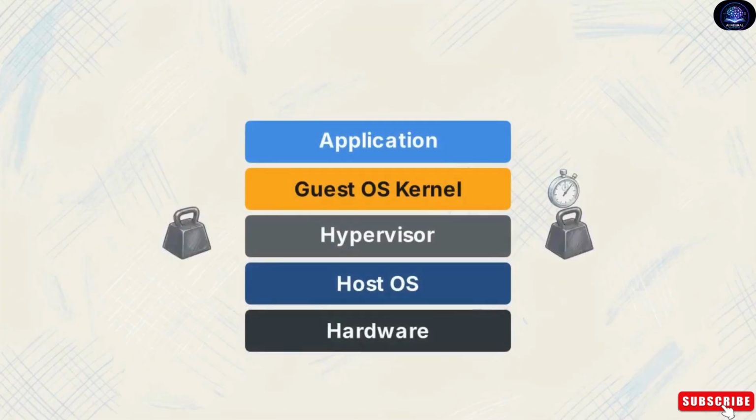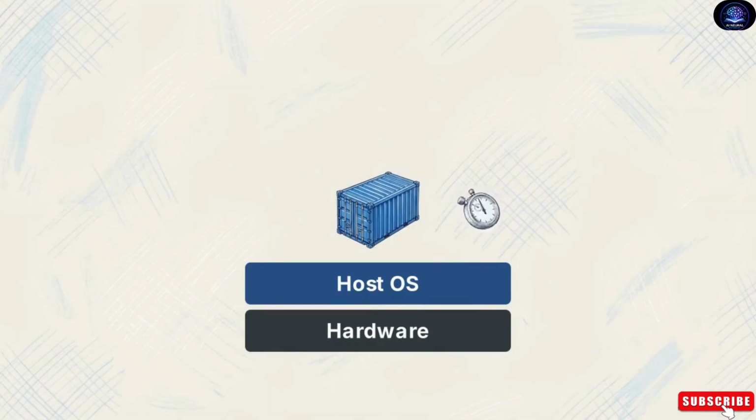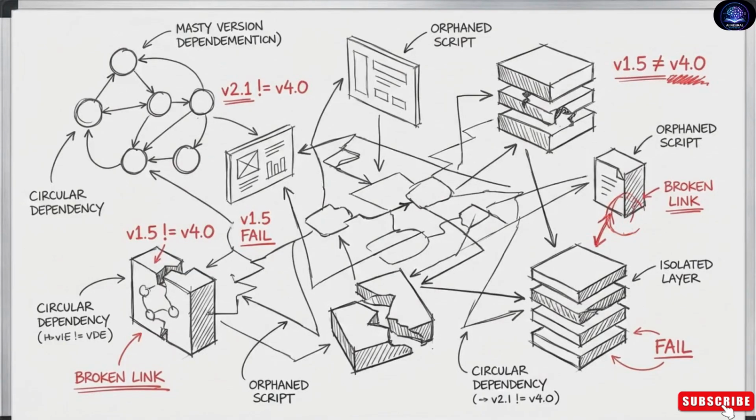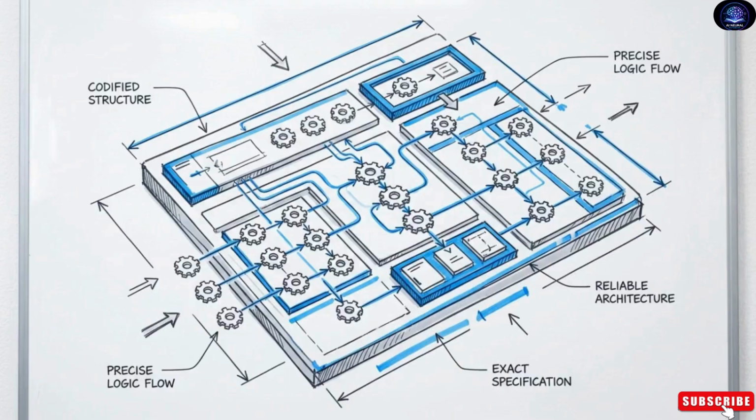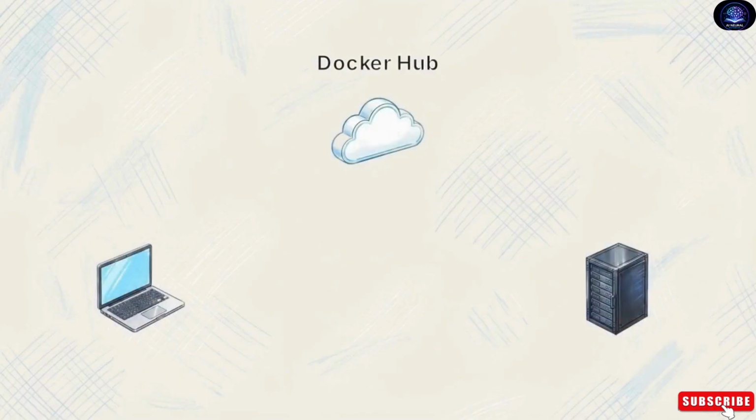We have replaced the resource-heavy virtual machine with lightweight containers that virtualize only the application layer. We have taken a complex machine learning environment, codified it precisely via the Dockerfile, and orchestrated it securely via Docker Compose. These immutable blueprints can then be pushed to an image registry, like Docker Hub, for global distribution.